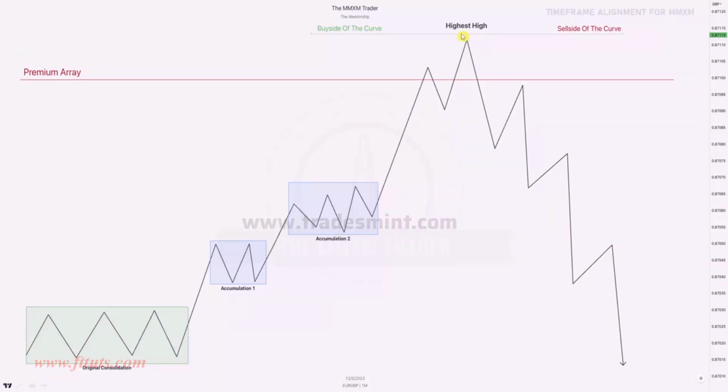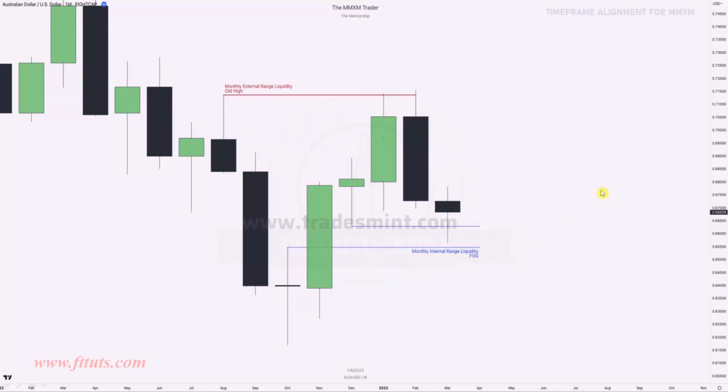And then we have this highest high, confirming sell side of the curve after we break structure and hit that key level, and then we can start to look for sell opportunities and then complete this market maker sell model, liquidating this original consolidation.